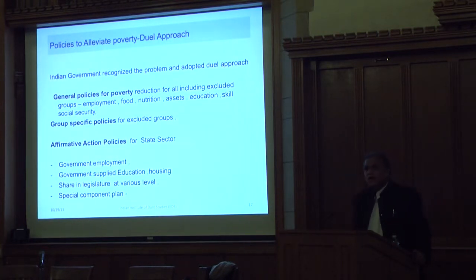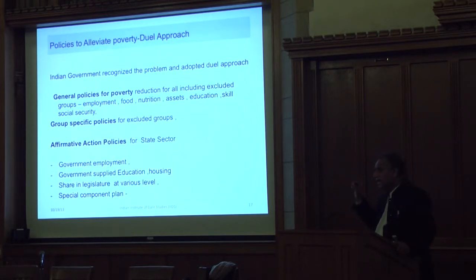Now, we also then undertook research on policies, and we based our understanding that you require general policies for employment, food, nutrition, assets, education. But for the excluded groups, you require certain group-specific policy.